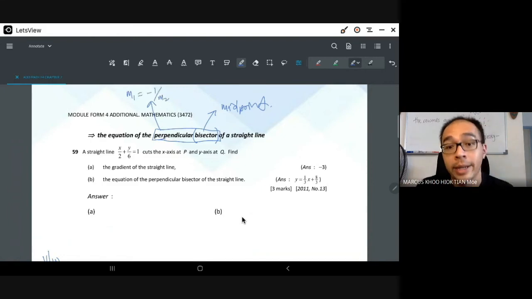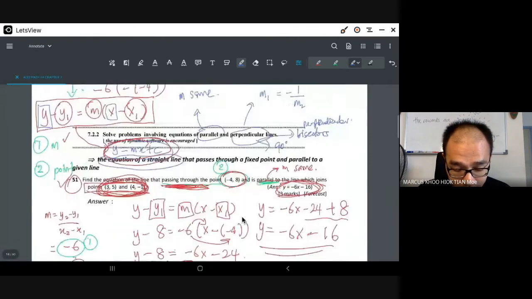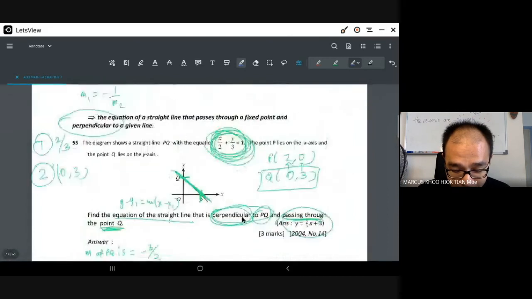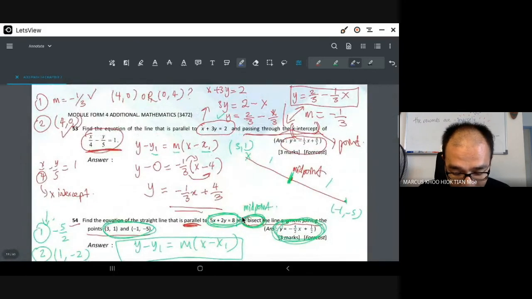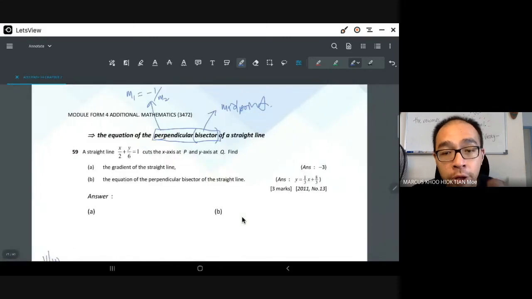So now we are combining these. Just now when we saw the bisector word, the gradient is parallel, so we don't need to use M1 equals -1 over M2. But in this question, we're talking about perpendicular bisector. So we still have to find the midpoint, and we have to calculate the new gradient because it's no longer the same.